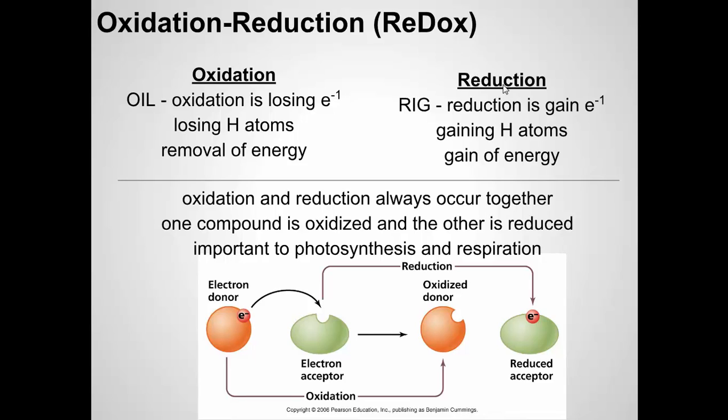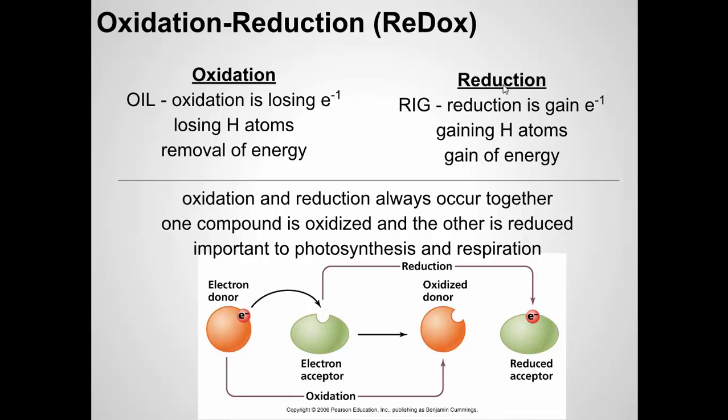If a molecule gains an electron, we say it's been reduced. And so in biology, often we talk about redox reactions as involving not just electrons moving, but often they're accompanied by hydrogen. So in biology, if a molecule is losing hydrogen atoms, we say it's been oxidized. And when it's gaining hydrogen atoms, we say it's been reduced.